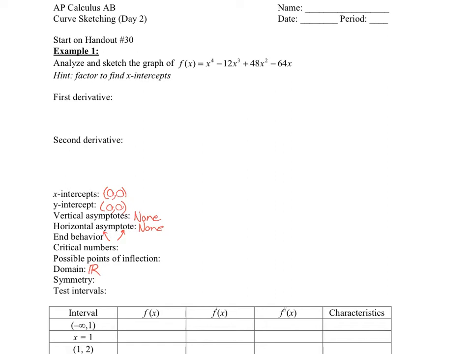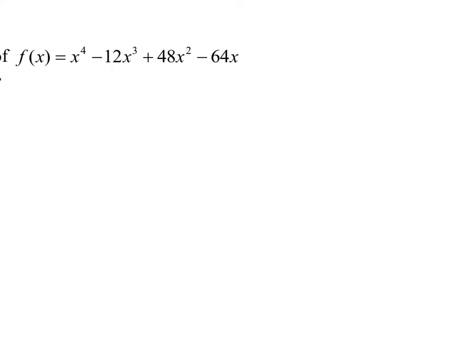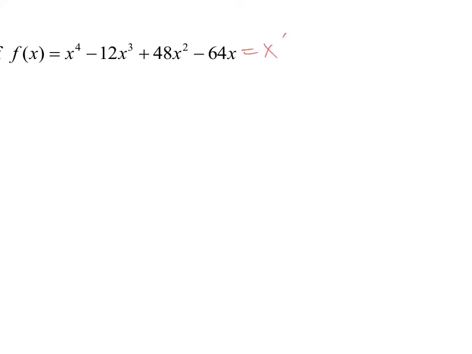Now, let's finish off our x-intercepts because there's more than just 0, 0, or there's up to 4 of them. So let's deal with this. This one gets kind of fun. I pull out the common factor of x. That's what gave us 0. And I've got x cubed minus 12x squared plus 48x minus 64.